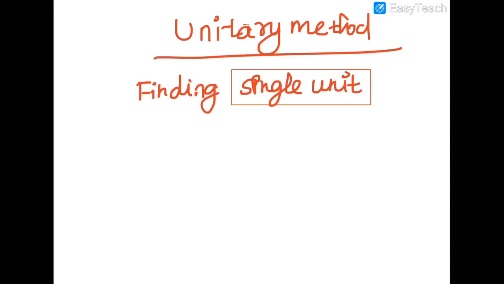Whenever you read a problem, you have to look at the unitary method: how to find the single thing, and then move to the required thing. I hope you can understand my class. From the beginning onwards I'll explain that.